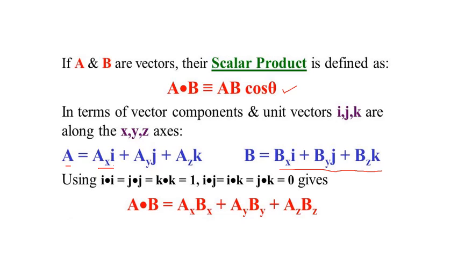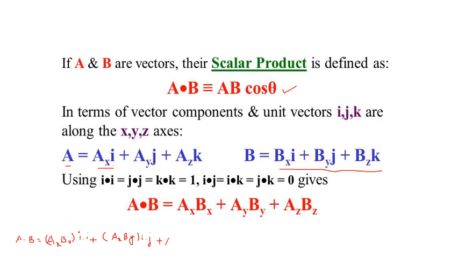I'll write here. A dot B is equal to AX into BX, and the unit vector part is I dot I. Next, AX I with the next component, that is AX into BY, into I dot J. Plus, what is the next component?